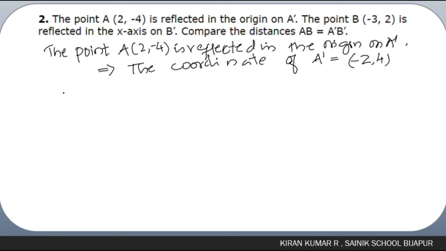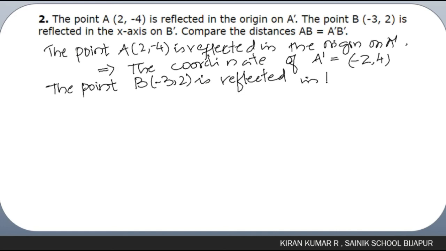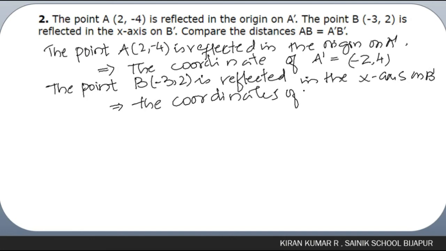Same way, the point B (-3, 2) is reflected in the x-axis to B dash. This implies the coordinates we have to consider as (-3, -2).